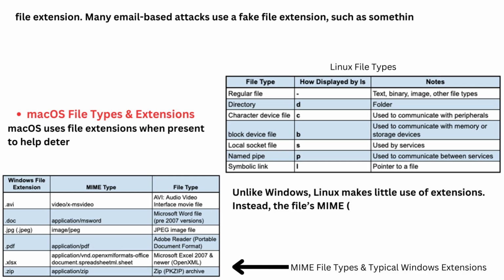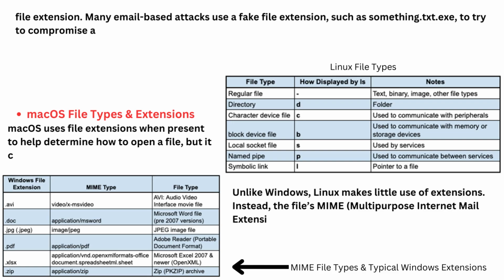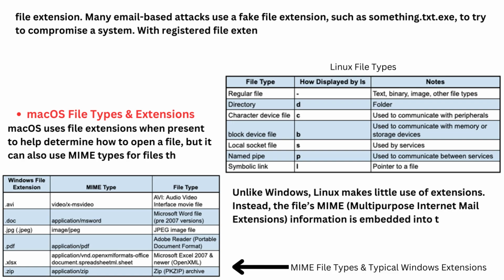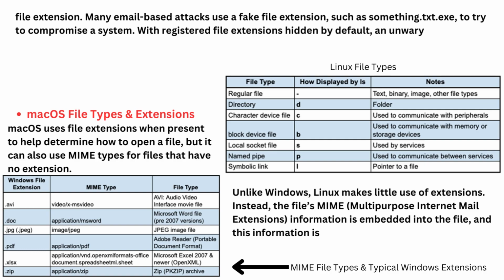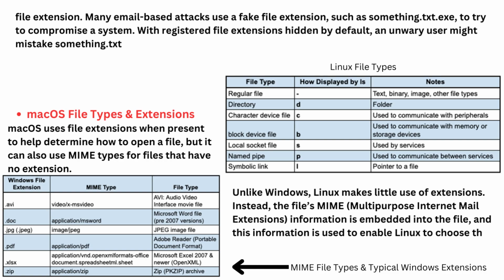With registered file extensions hidden by default, an unwary user might mistake something.txt, with the actual .exe hidden, for a harmless text file rather than a potentially hazardous executable file. The same dialogues can also be used to make normally hidden files and folders visible.